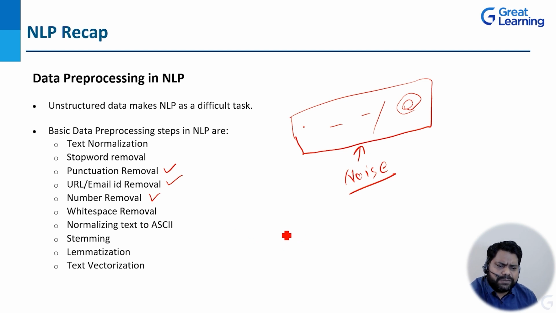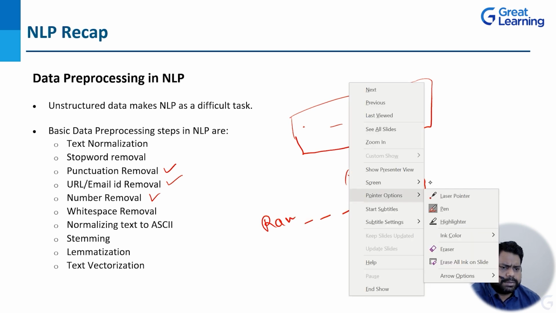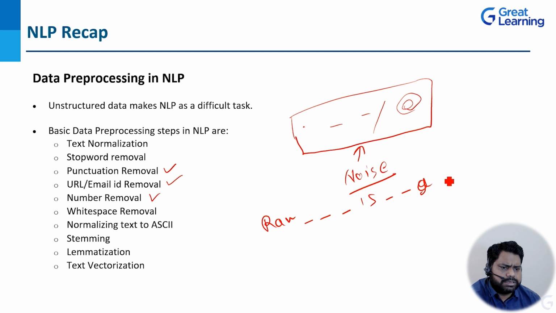Often whenever we are writing anything, we write something like "ram space space space is space space is a good boy, space space space," then a period.